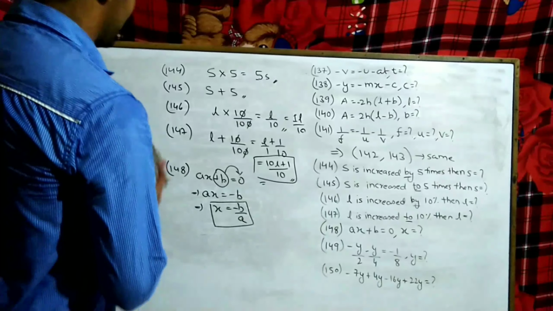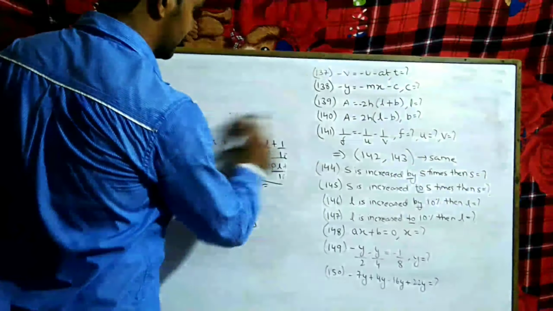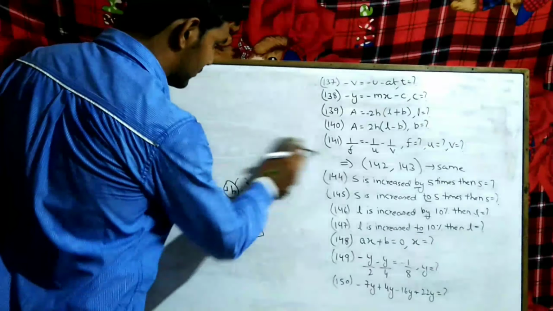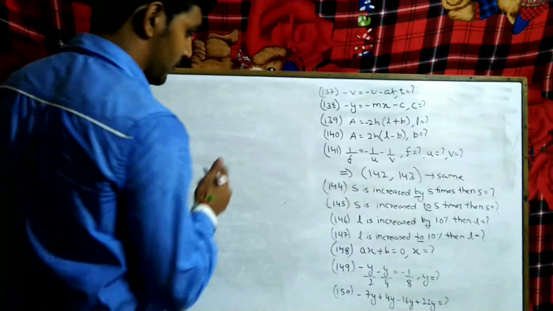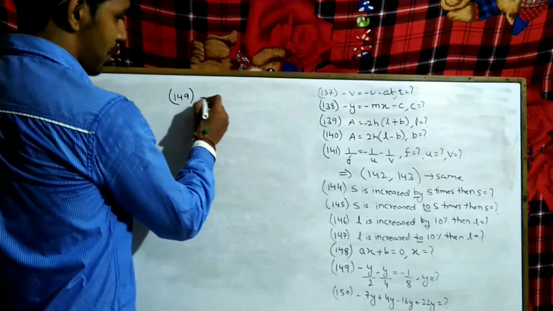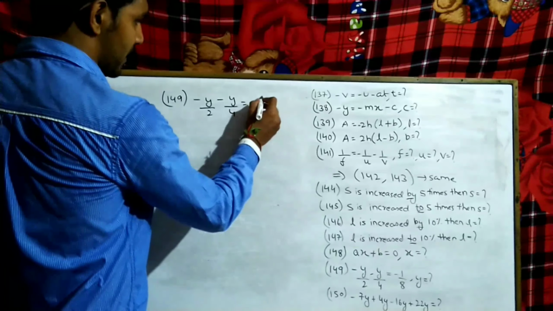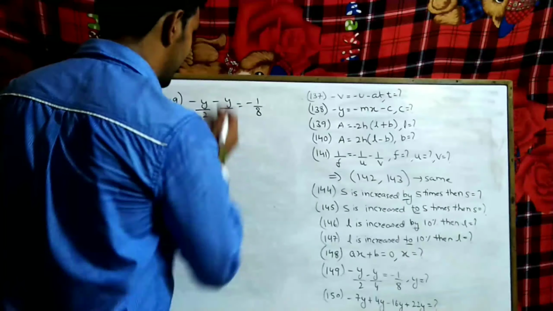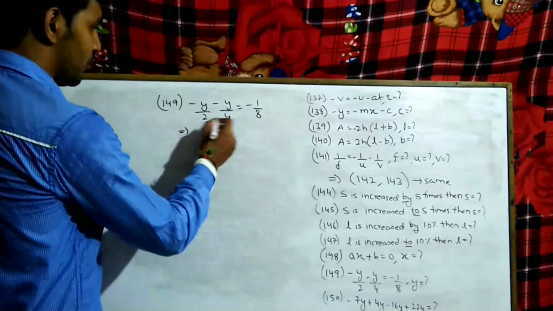Now 149: y by 2 minus y by 4 is equal to minus 1 by 8. We have to find the y value. Simple, just multiply down. I told you, 2 into 4, 8.